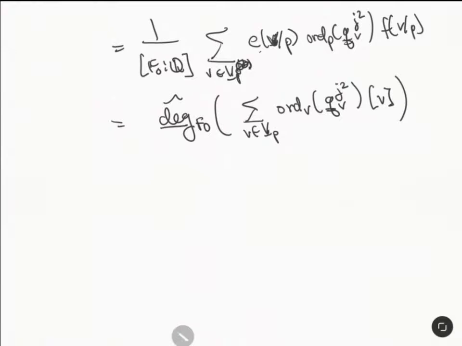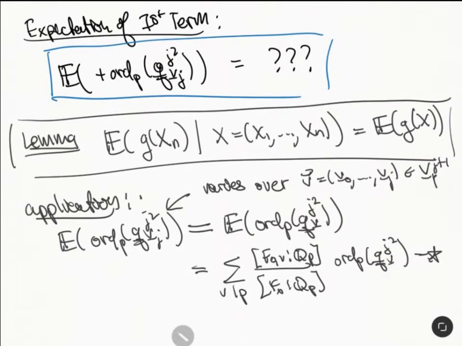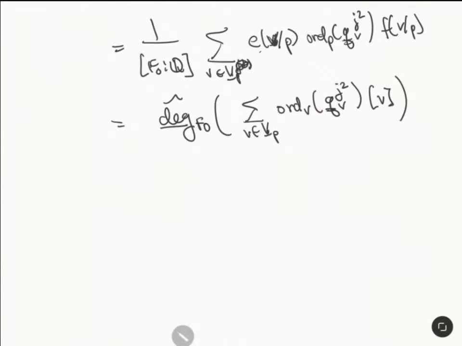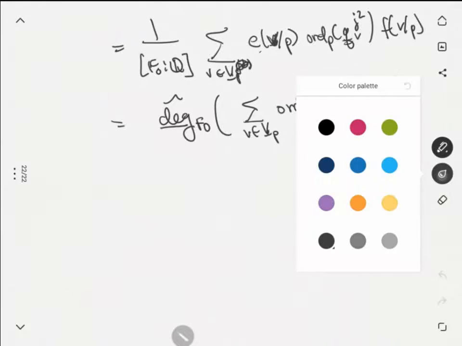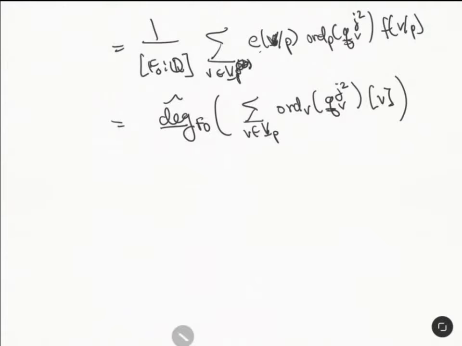All right, and so that's our formula for the first average. So this thing here is equal to the expectation of, well, I'm just going to copy it down, minus ord_p q double underline this thing j squared.